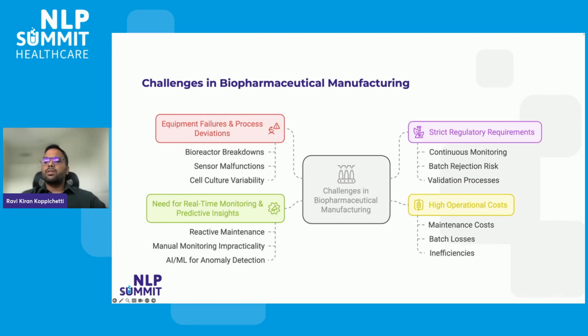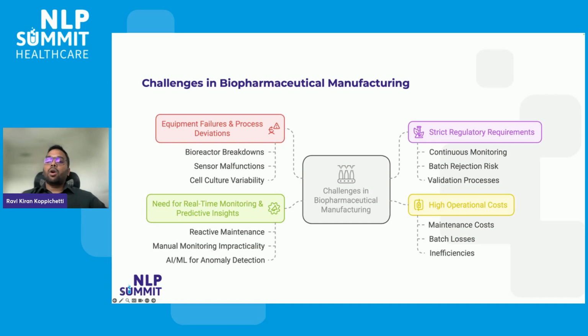Another crucial challenge is regulatory compliance. The agencies we spoke about, the FDA and EMA, demand comprehensive documentation, real time monitoring, and strict process validation. Failure to meet compliance standards can result in expensive batch rejections, product recalls, or even the shutdown of manufacturing facilities, which is pretty bad.